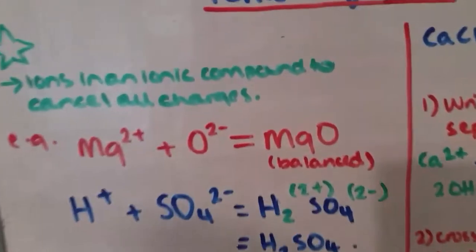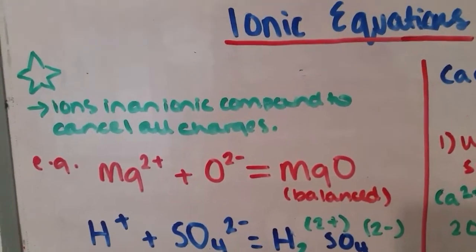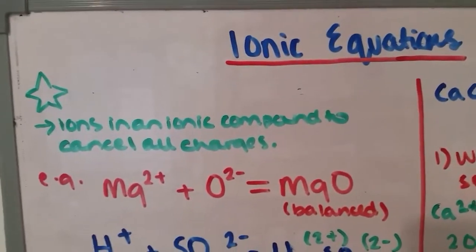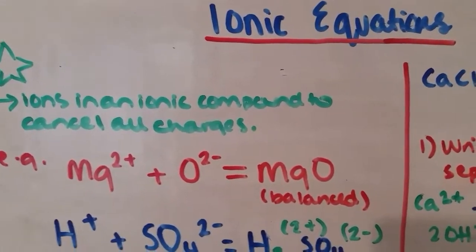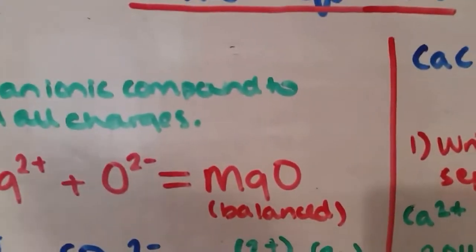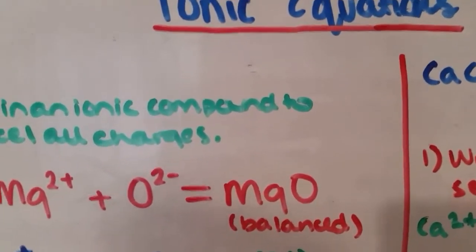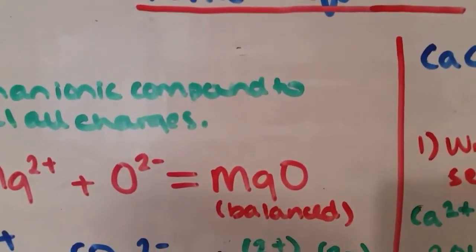And in this case, they do without adding any numbers, because there's already a 2+ charge naturally and a 2- charge naturally. Therefore, you just write it as MgO because they are balanced.